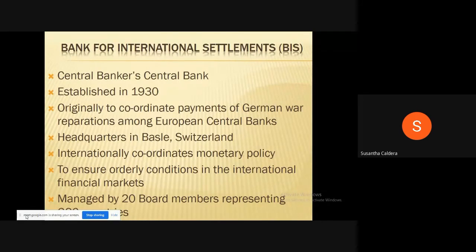Did it ring any bell to you? Basel, Switzerland, Basel. Capital adequacy. Basel 1, 2, 3. Yes, capital adequacy, the Basel Accord on capital adequacy of the banks.